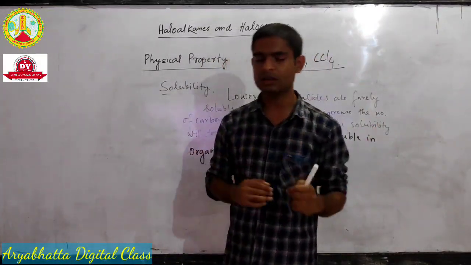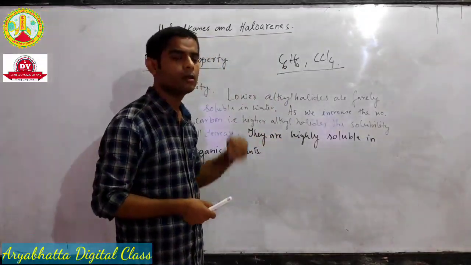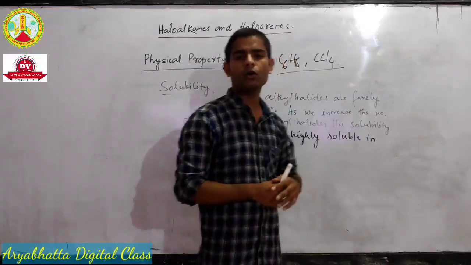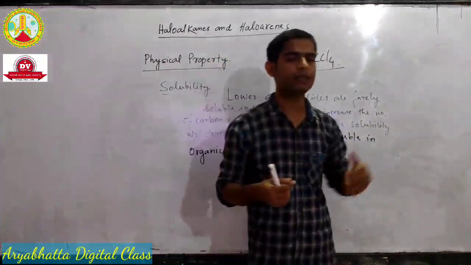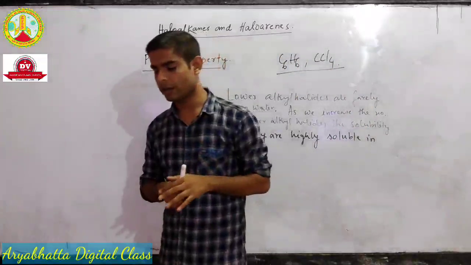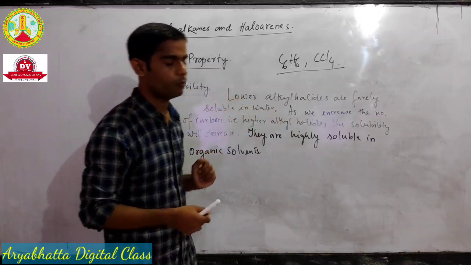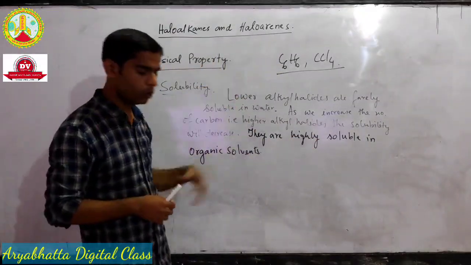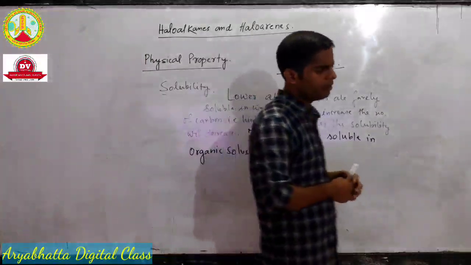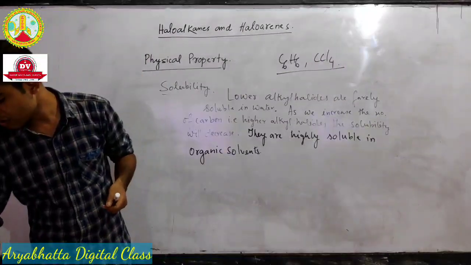Combining both concepts, you can determine whether a molecule is polar or not. If a molecule is highly polar, obviously it will dissolve in a solvent like water, which is already a polar solvent. If it is not a polar molecule, then it will go to the non-polar or organic solvents. It can also dissolve in organic acids.